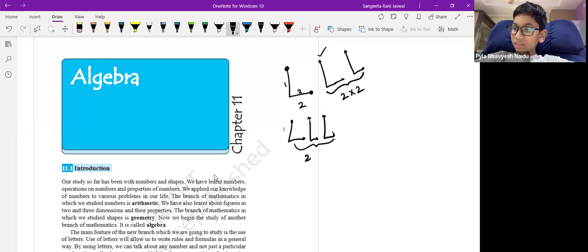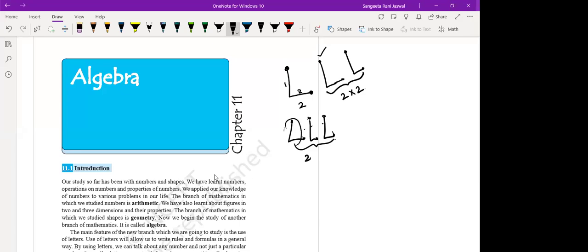So 2 for one shape and I have 3 figures like this, so 2 into 3. If I keep on increasing the figures, I get 2 into 4, then 2 into 5 and so on. For one shape I needed 2 matchsticks, for another shape I needed 4, then I got 6, then 8 and so on.